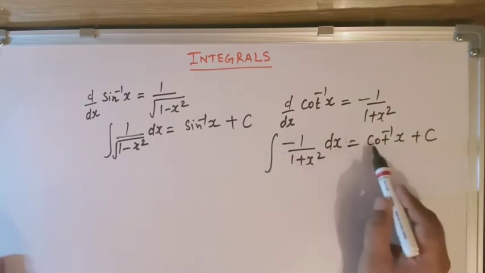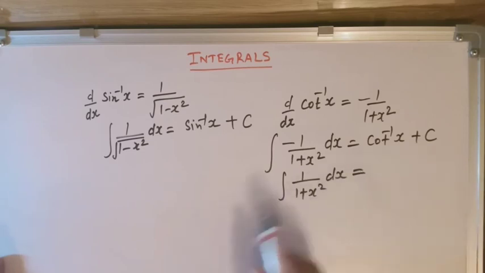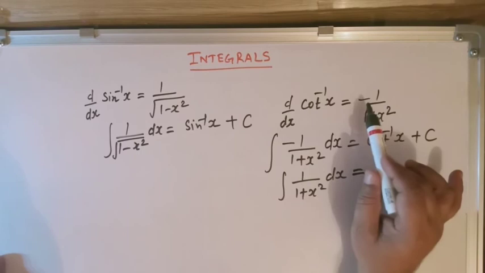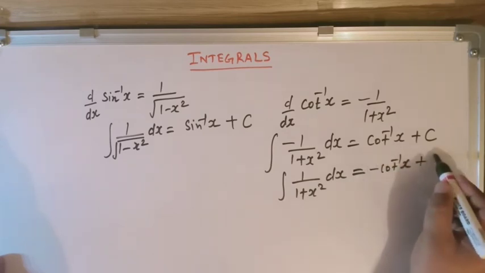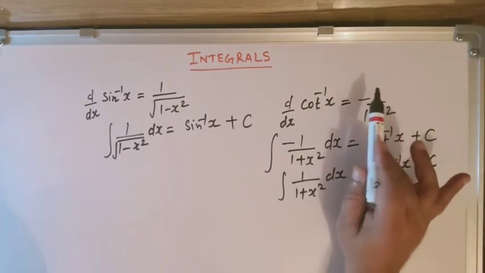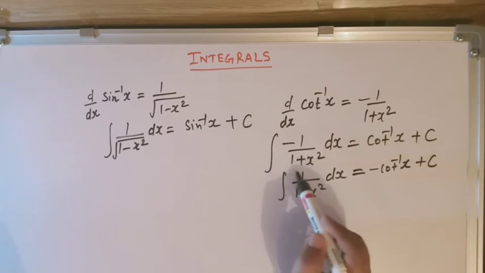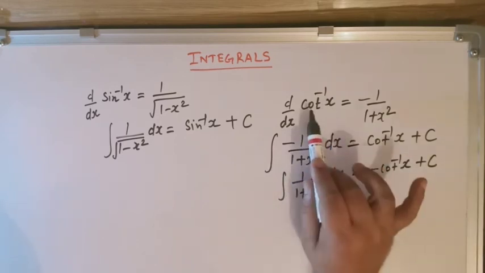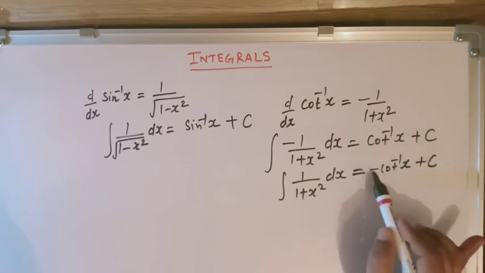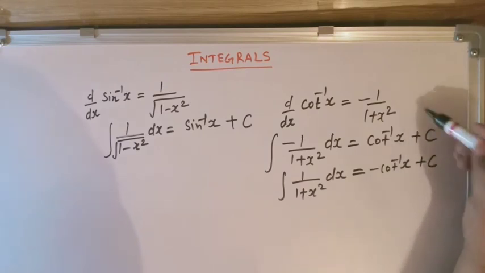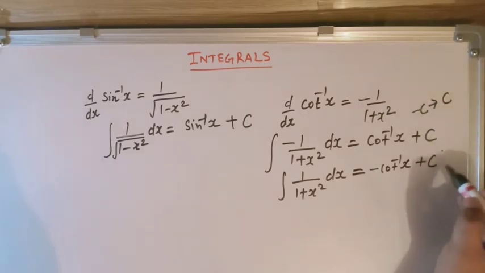If we take this negative sign to the right hand side, we see that normally we do not keep the negative sign here, and we directly write it as minus cot inverse of x plus c. By the definition of integration as the inverse process of differentiation, the integral of negative 1 over 1 plus x square is cot inverse of x plus c, and if we take this negative sign to the other side, the negative sign remains, but we replace the constant minus c by some other constant, say c1.